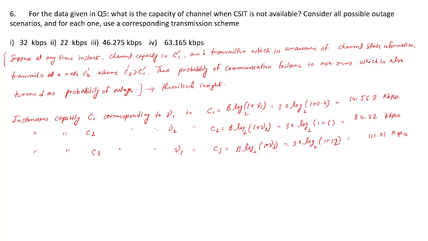If the transmitter transmits at this rate or below all the time, it is going to achieve probability of outage to be 0. Therefore write down the case which is denoted as case 1.